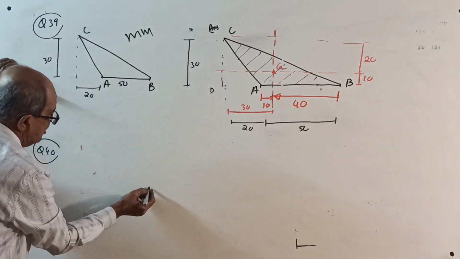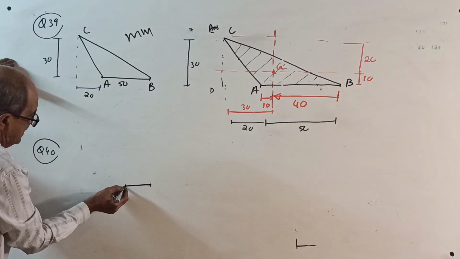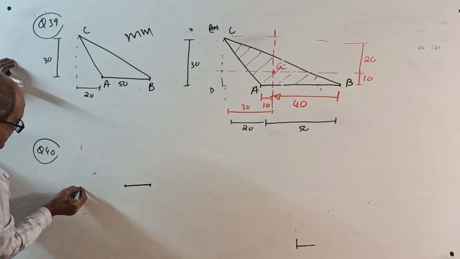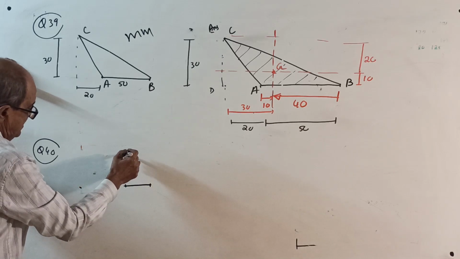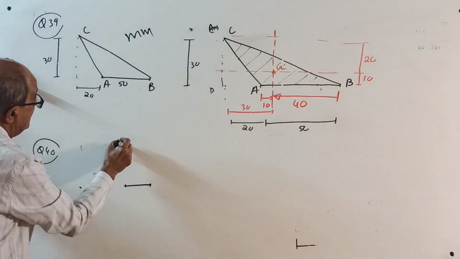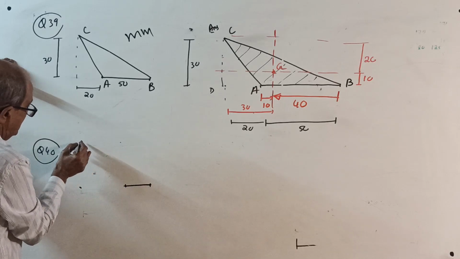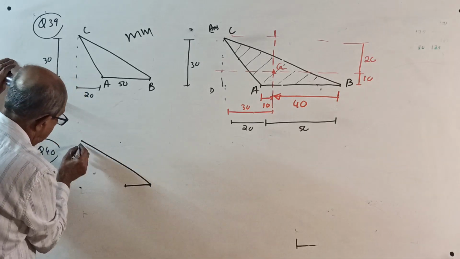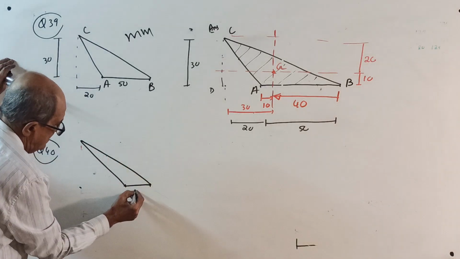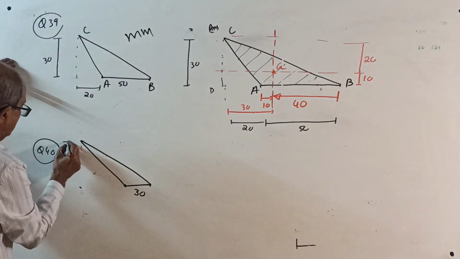I take smaller this side, 30. Little bigger, much bigger, 80. Height, any height will do, 70. Thirty, height 70.